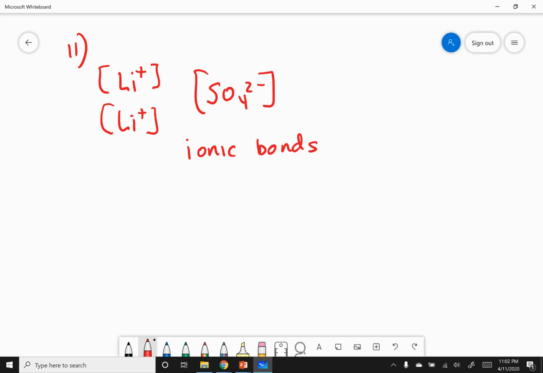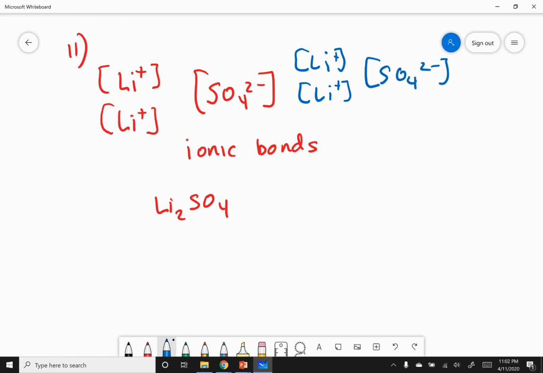But remember, when I give you the formula Li2SO4, that this is an empirical formula. And what that means is that there are multiple Li pluses all stuck together as one big thing. So there are trillions and trillions of lithiums and sulfates put together.